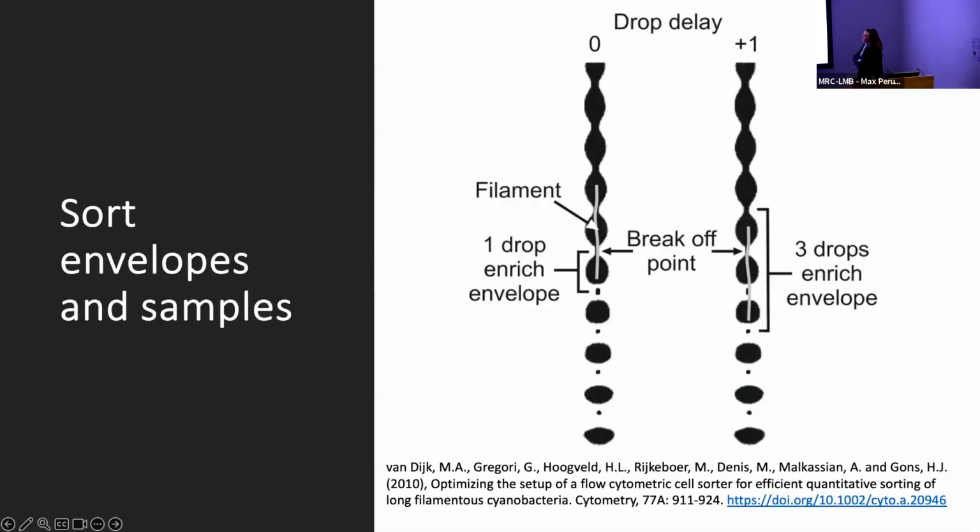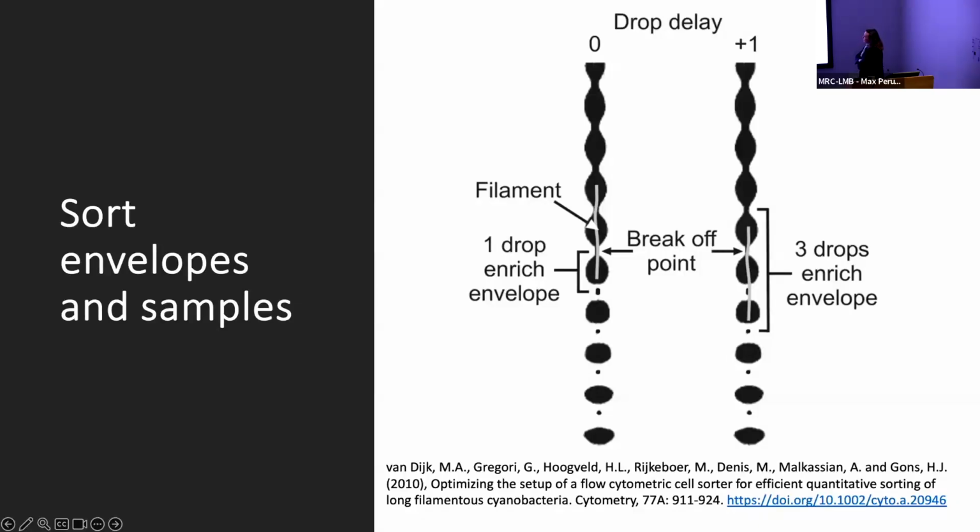You can see that because of the nature of the bacteria, it's long, it's filamentous, it's not going to fit nicely inside a drop. If you ended up having a 1-drop envelope, you would most certainly eliminate a lot of the sample entirely because it would be too restrictive for the shape of that bacteria.